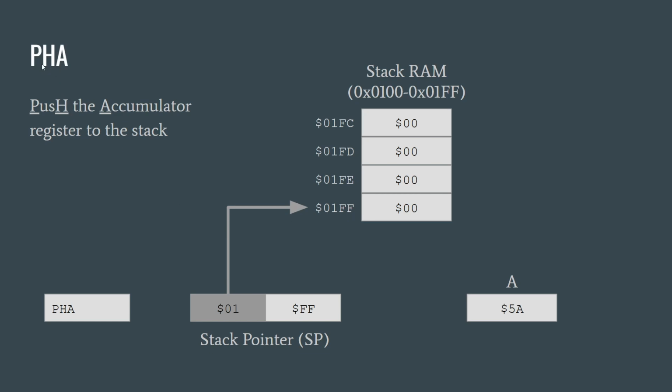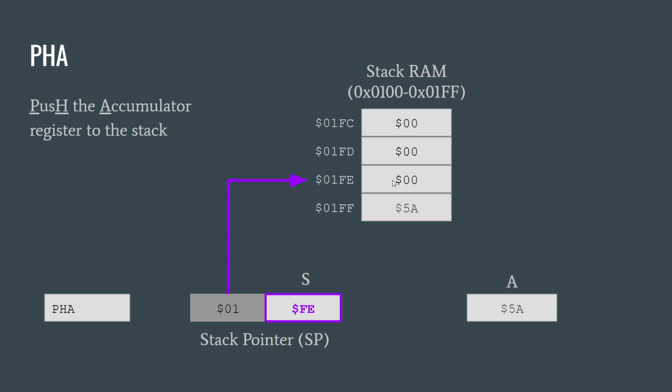So when we execute this PHA, what it's going to do is the ALU is going to look at where the stack pointer is pointing, which is 1FF, and then it's going to copy the value of A into that location. So 5A got copied into where the stack pointer is pointing. But not only that, the next thing it's going to do is automatically decrement the stack pointer value.